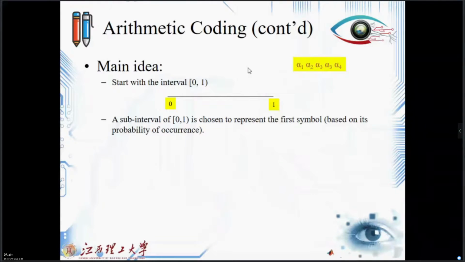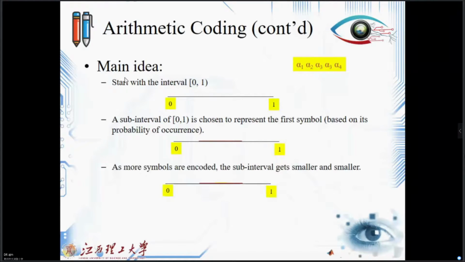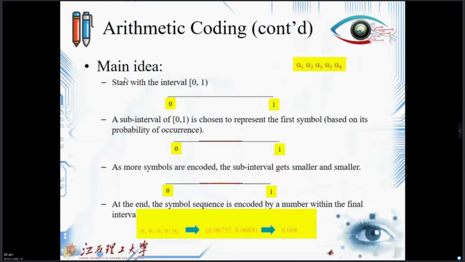As more symbols are encoded, the sub-interval gets smaller and smaller, and at the end, the symbol sequence is encoded by a number within the final interval. Okay, it means that finally our symbols will be encoded within some interval between 0 and 1.